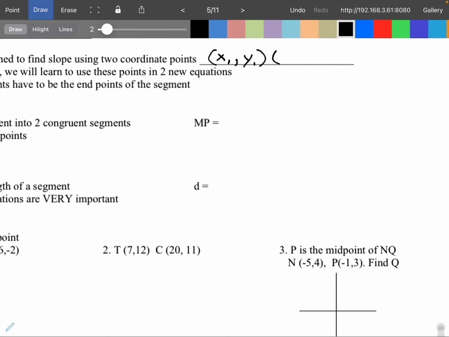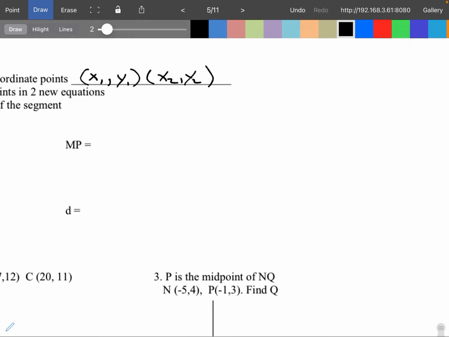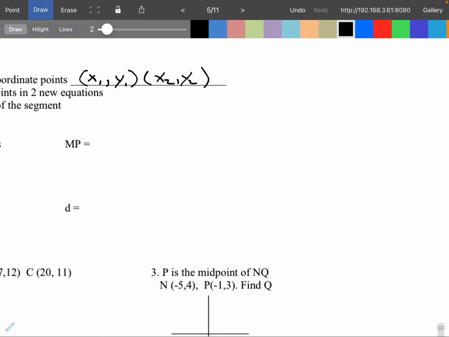The first blank at the top says yesterday we found the slope using the coordinates for 2 points, right? So what we did is we used the points x1, y1, and the point x sub 2, y2, right?